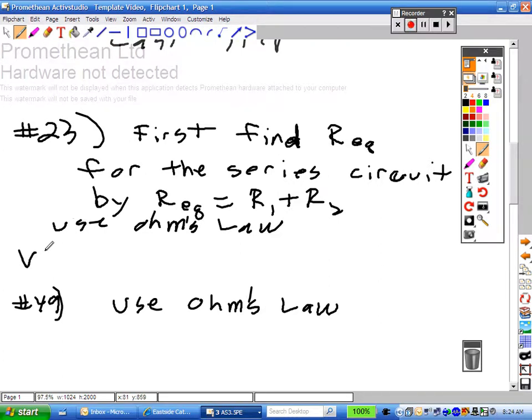It is either V equals I times R, or I is equal to voltage over resistance, or sometimes it is useful to view it as the resistance equals the voltage over the current.